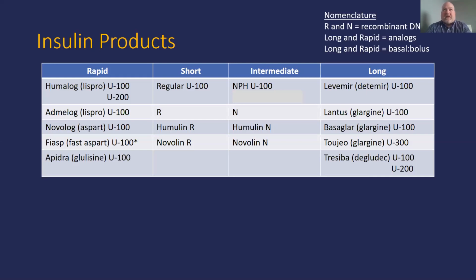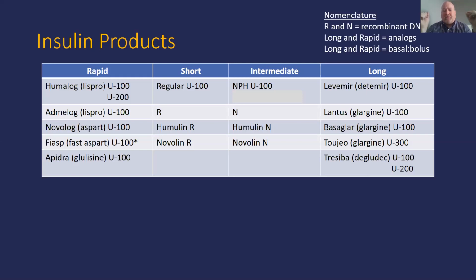You can think of it like this, the clear before cloudy. If you picture these two insulins, the vials, the bottles, regular insulin is just a pristine, clear vial of insulin, whereas NPH is cloudy. It looks kind of milky. It's supposed to. That's the protamine in there making it cloudy looking. Any insulin product with protamine is going to be cloudy.